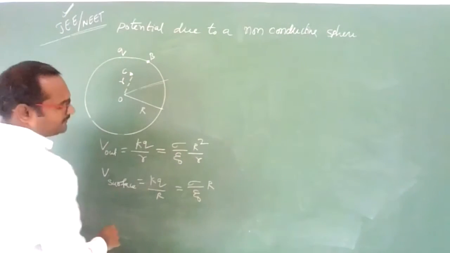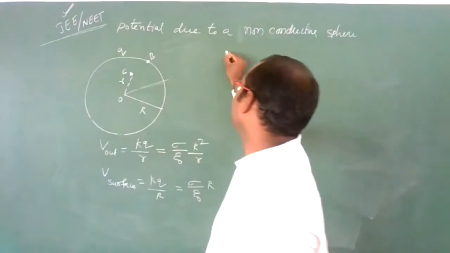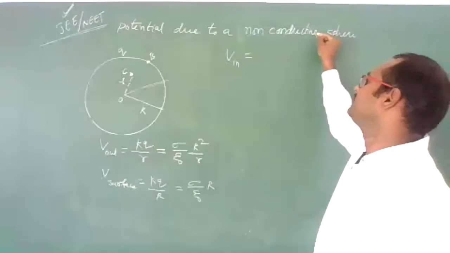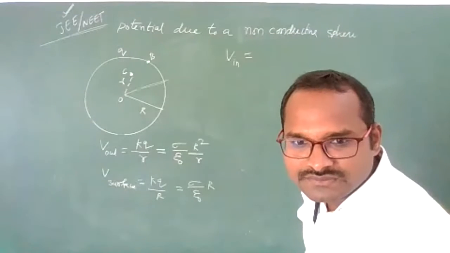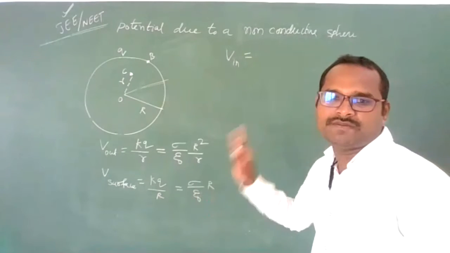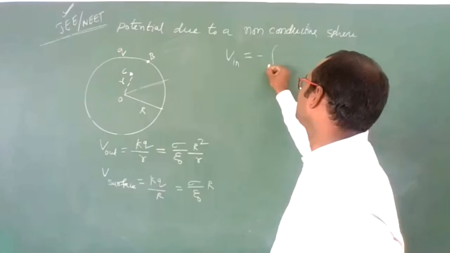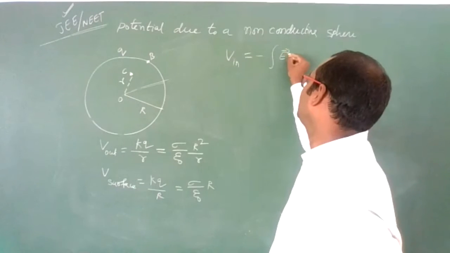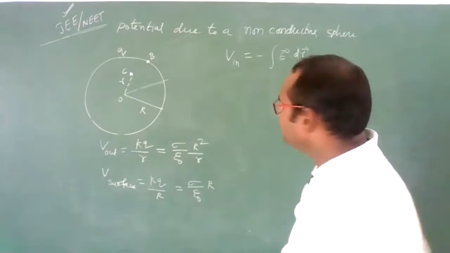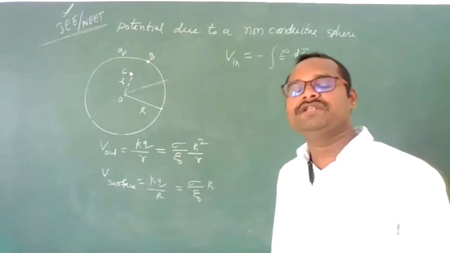Electric potential for an inside point due to a solid non-conducting sphere can be given by negative of integration of E bar dot dr bar. Whenever we take this integration, we need to take the limits. Limits from where to where?